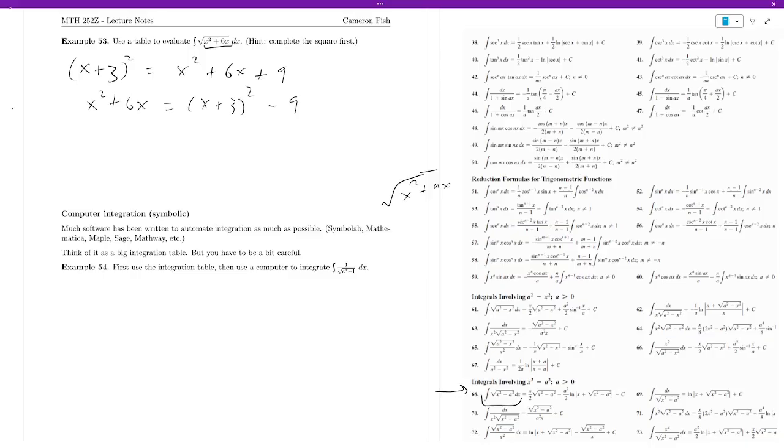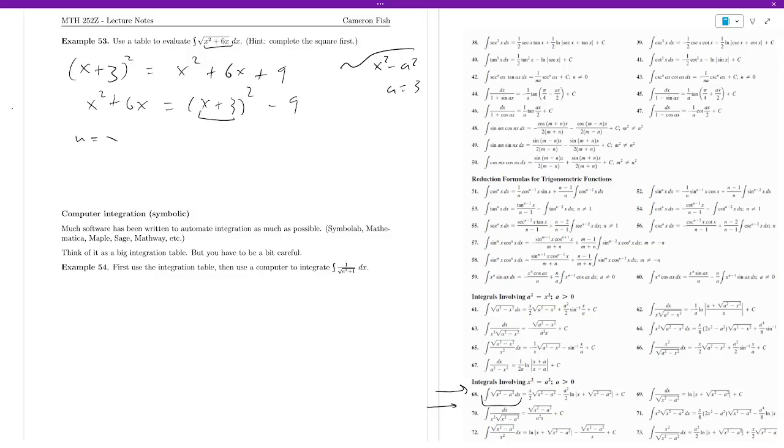So that's nice because now, if you squint your eyes, this is in the format x squared minus a squared, where a would be 3 and x, well, maybe x is x plus 3, so we can think about that. But we're hoping to make it look like this 68 down here, right? So let's deal with that. I don't want this x plus 3. I just want a single x. And in fact, it's okay if it's a u instead, right?